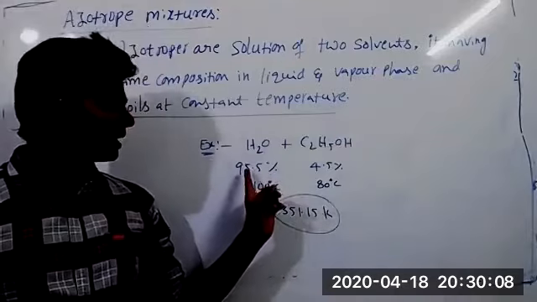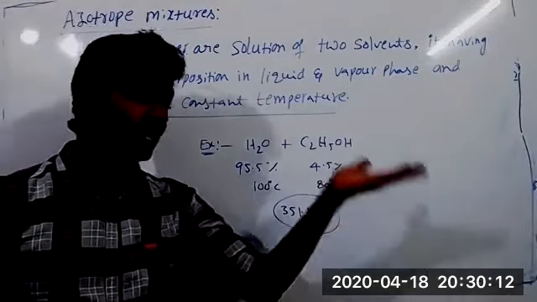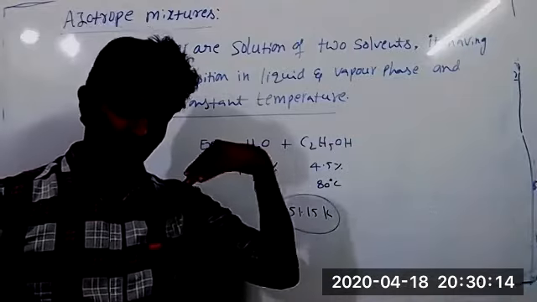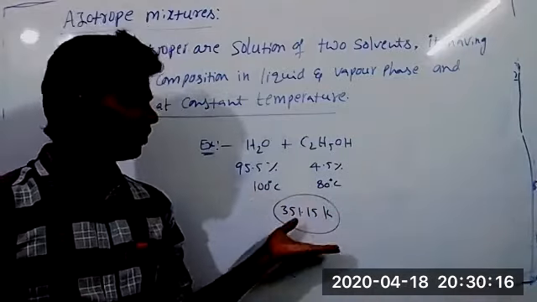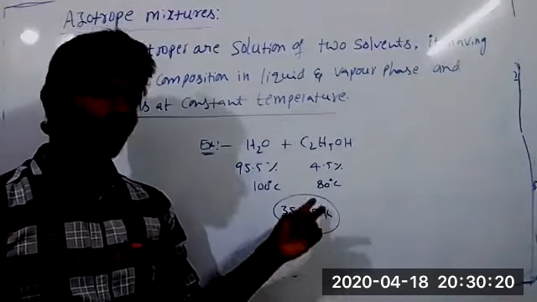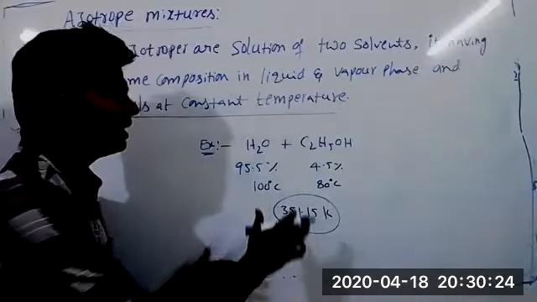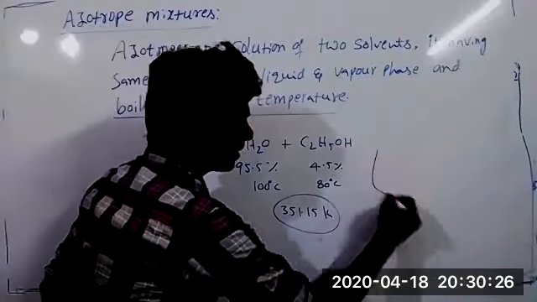In the liquid phase, they maintain 95.5% and 4.5%. Suppose you try to separate both components; we need to heat more than this temperature, 351.15 Kelvin. More than this temperature we have to give to separate. But both won't separate. This converts to vapor phase.